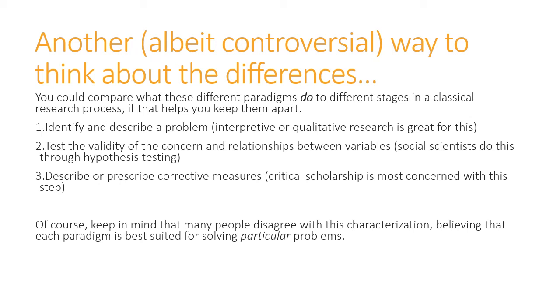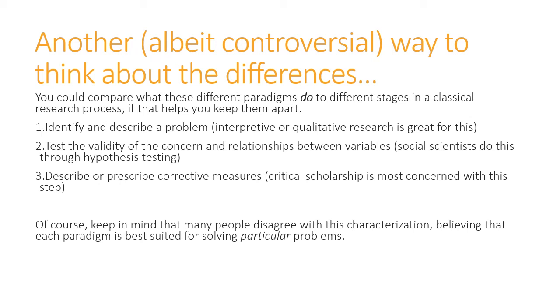From my focus group, I learn about a specific problem, but then I want to know how widespread that problem is. So I need to increase the number of observations to see where it's occurring. And then once we have a sense as to whether or not something is true, in a more generalizable objective sense, then we could describe or prescribe corrective measures. And critical scholarship is really good at this, right?